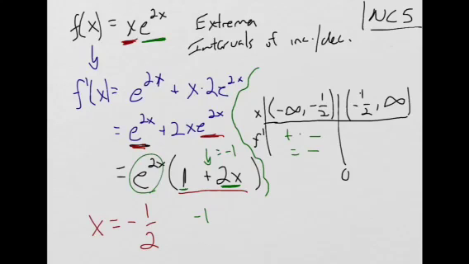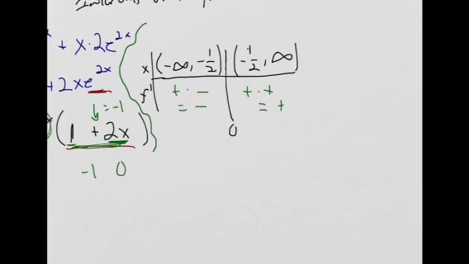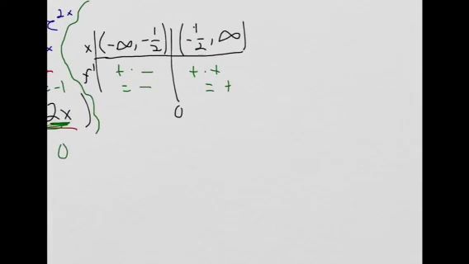Do the same thing for 0. I get e to the 0, which is 1, plus this comes out to be a positive number, so it's a positive times a positive, which gives me a positive. So I always like to say: its derivative is negative, so the function is going down.